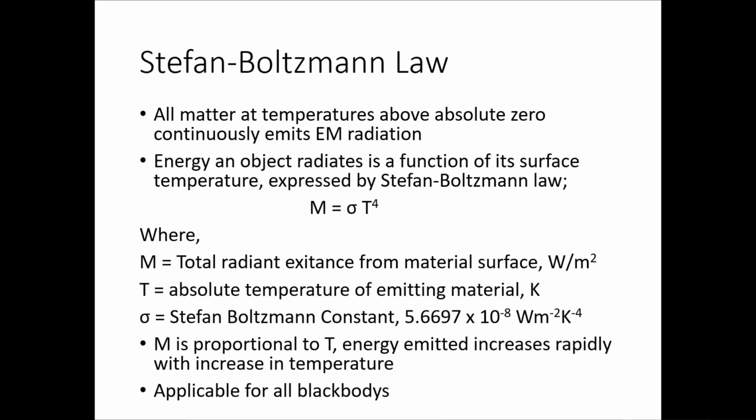So you can see that the total radiant excitance, or energy emitted from an object, is proportional to the power 4 of the absolute temperature of the emitting material. So with every degree rise in the temperature, there will be a drastic increase in the total radiant excitance from the material surface, right?